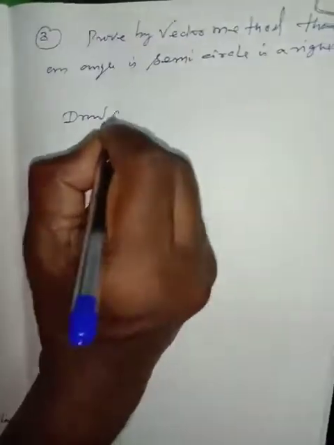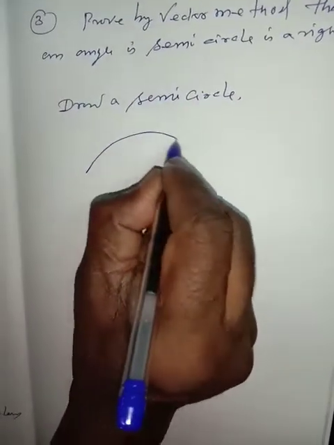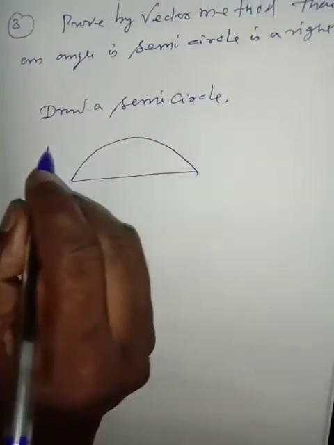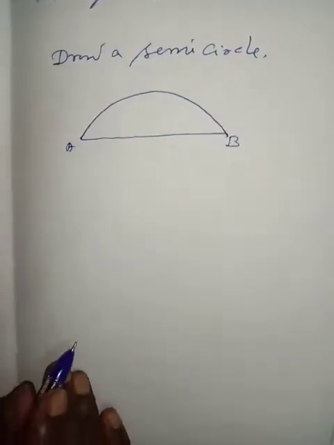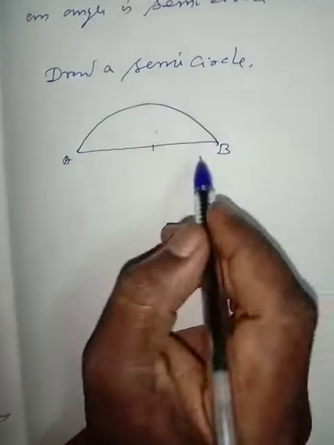Draw a semicircle first. AB is the diameter of the semicircle. O is the midpoint of AB.